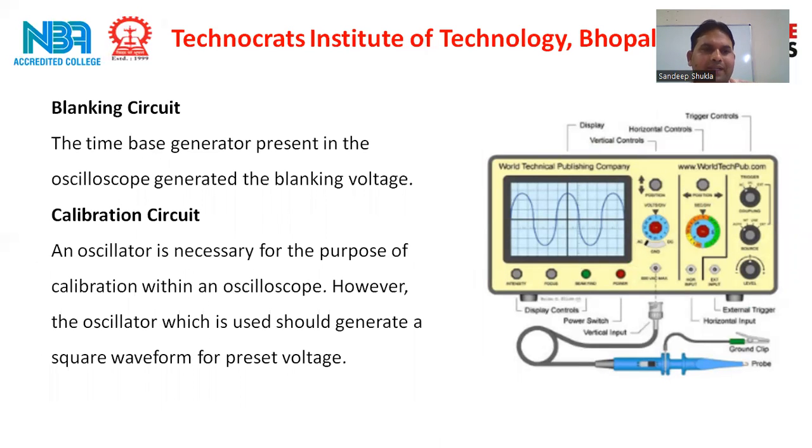The next controlling part is the blanking circuit. The time-base generator present in the oscilloscope generates the blanking voltage. And the next controlling part is the calibration circuit. An oscillator is necessary for the purpose of calibration within the oscilloscope. The oscillator is used to generate a square waveform for a preset voltage.